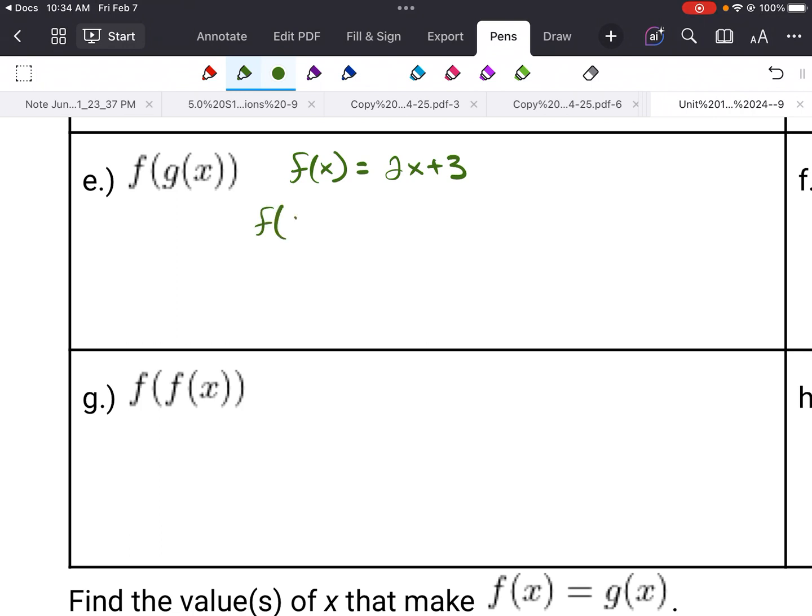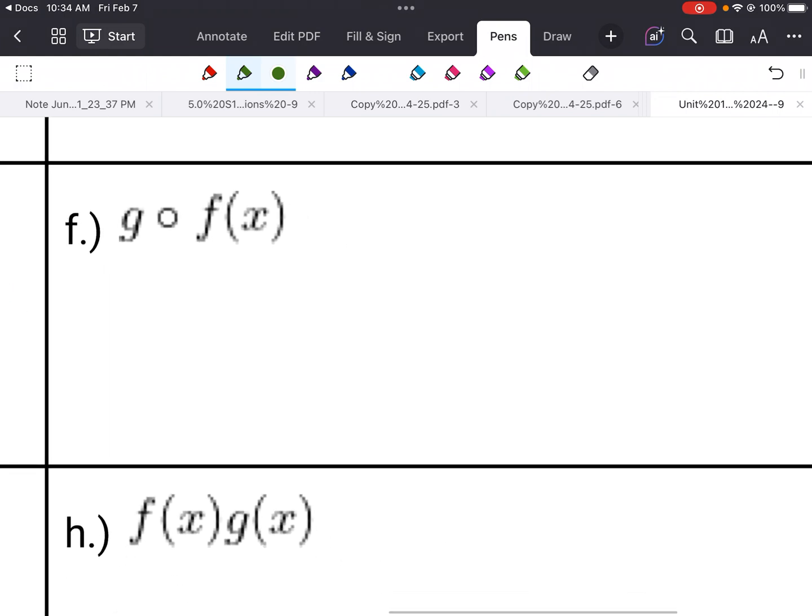And when we're replacing all x's with the g function, we get 2 bracket x squared plus 4x plus 3. Again, we just put that g function inside the f function. We are going to distribute, so we get 2x squared plus 8x plus 3, and that is the answer. Okay, we don't know what x is. We're not going to factor to solve. This is it.